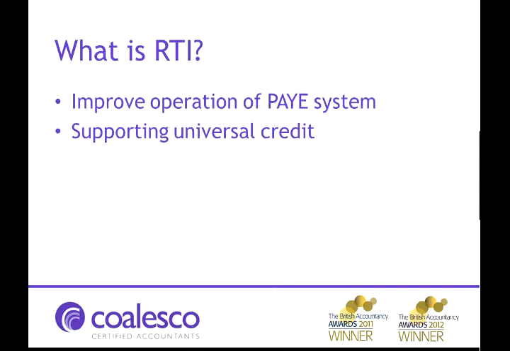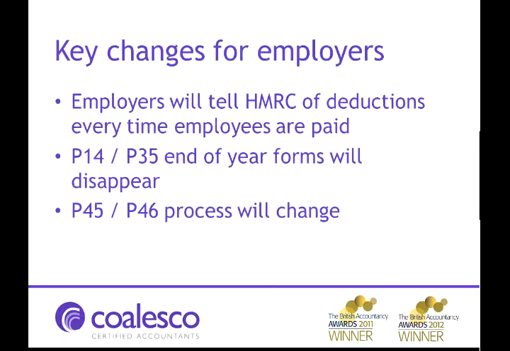HMRC objectives of such a scheme are to improve accuracy and efficiency, collect payroll data in real time, make employees' tax deductions more accurate throughout the year, reduce fraud, and provide support for the universal tax credit system that will be introduced in October 2013.